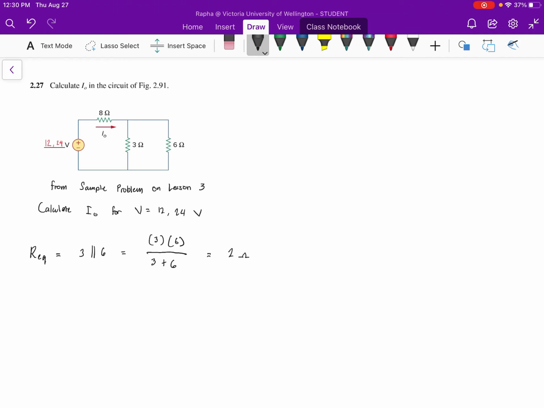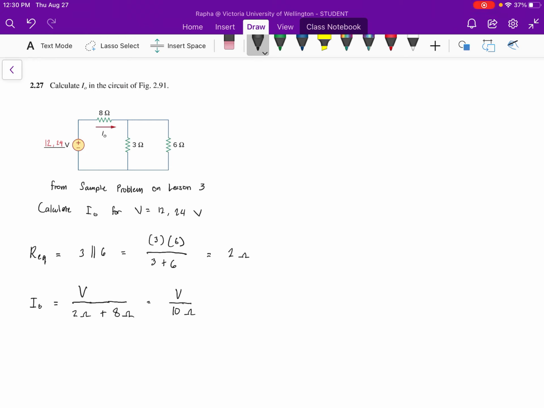Reminding you once again that when adding parallel resistors, the resulting resistance will be smaller than the smallest of the parallel resistors. Now that we have our Req, we can create a formula for I sub O. By Ohm's law, I sub O is equal to the voltage source V over 2 ohms plus 8 ohms as the resistor in series to it. So we have V over 10 ohms.